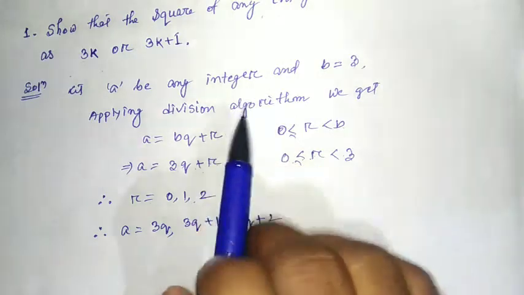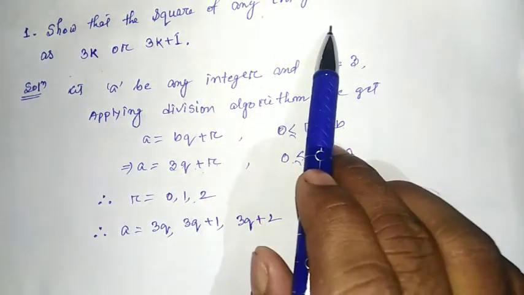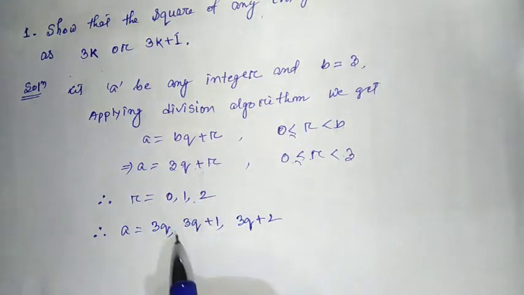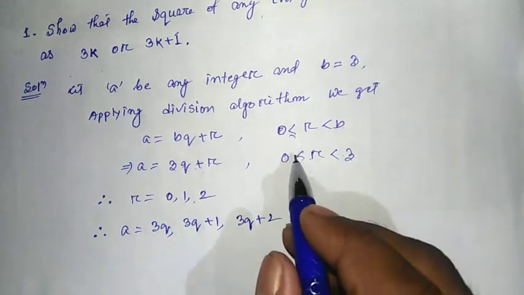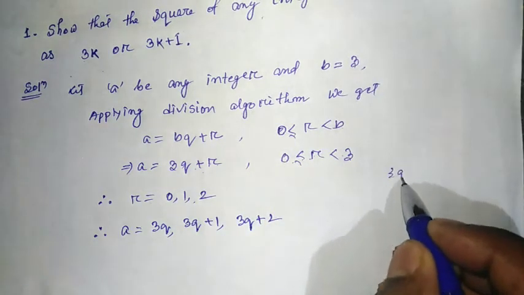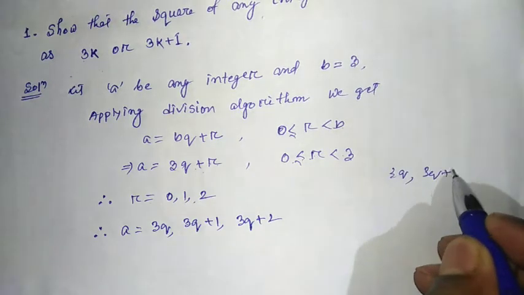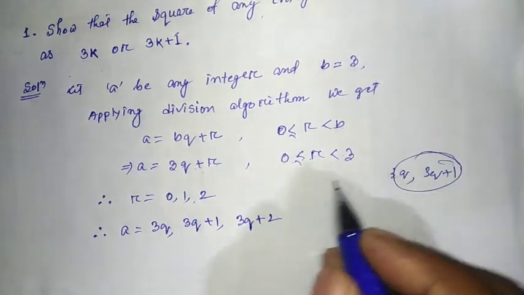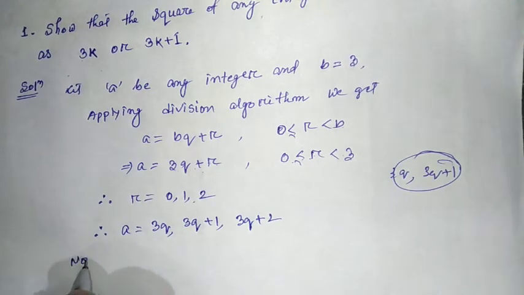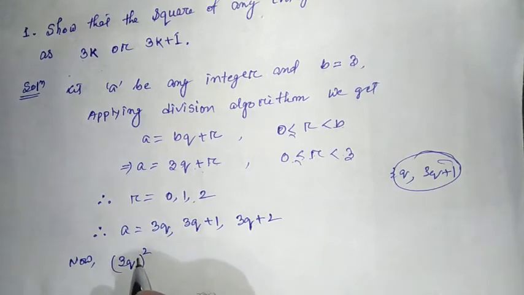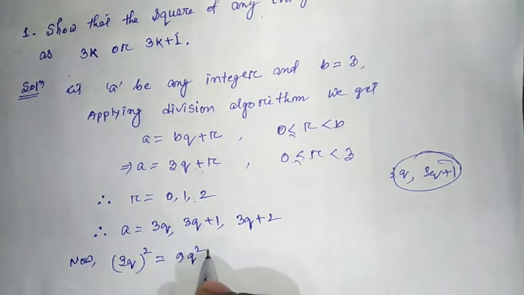Now we have to show that the square of any integer is either of the form 3q or 3q plus 1. These are the three integers we got. First of all, take the value 3q. The square of 3q is 9q square.